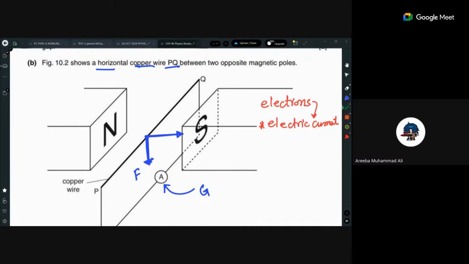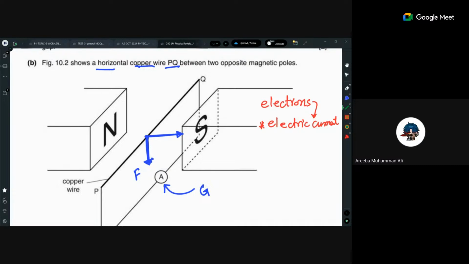Okay, so it'll be from P to Q, correct? Your finger is pointing from P to Q, but I told you that current will be opposite to that.